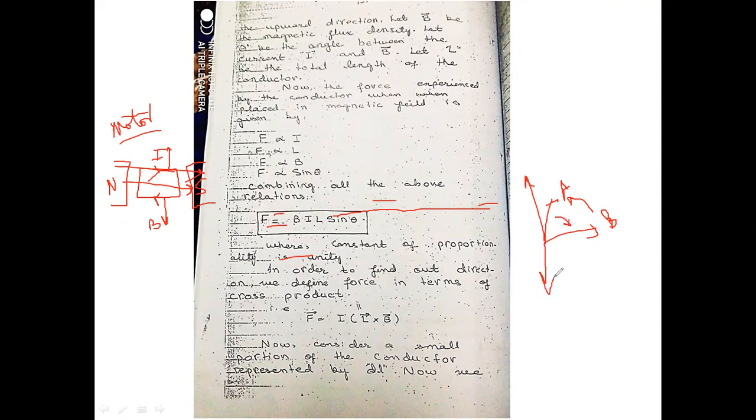So by the cross product we can find the direction of the resultant vector, which is actually the F.